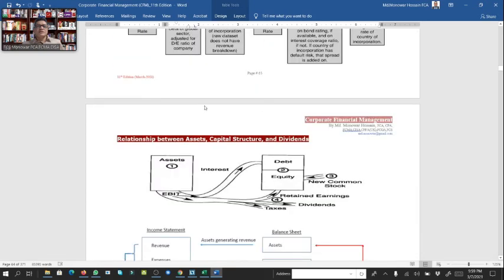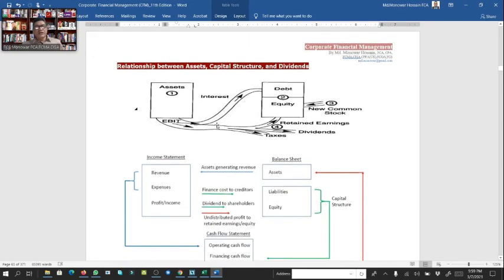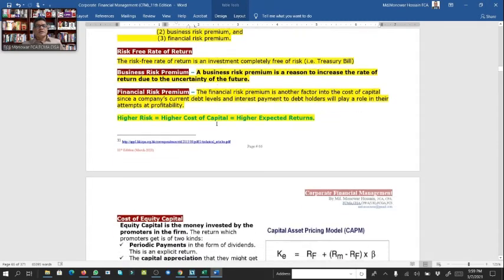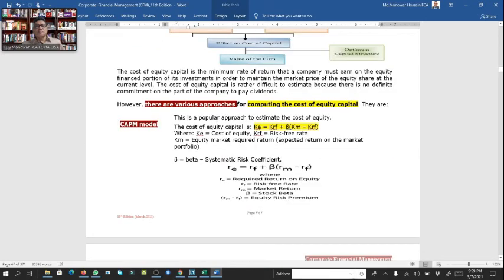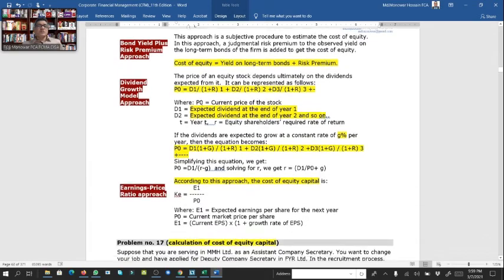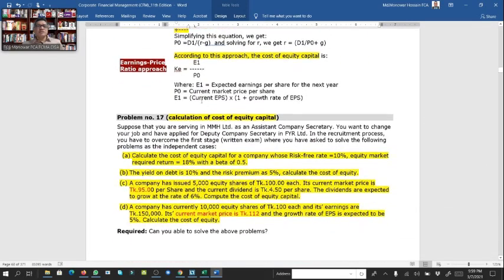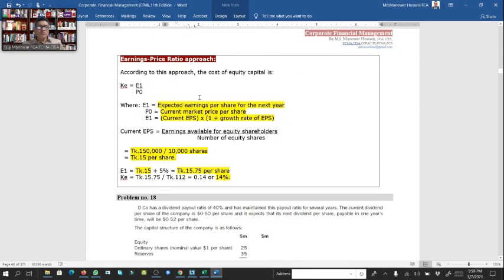Then we have seen the relationship between asset, capital structure and dividend. Then we calculated the cost of equity capital in different formats, that means CAPM model, bond yield plus premium approach, dividend growth model, earnings price ratio model.